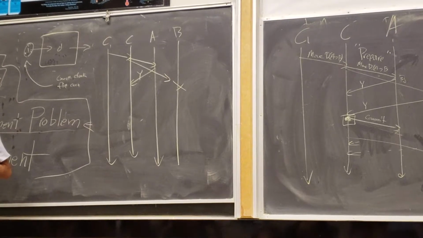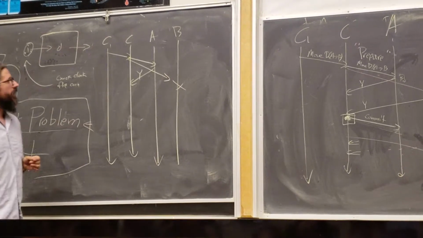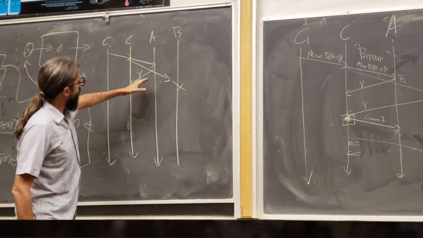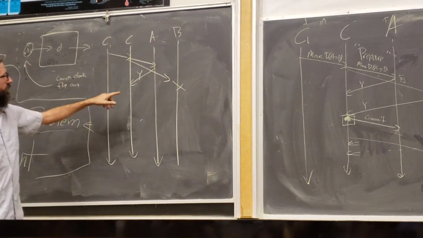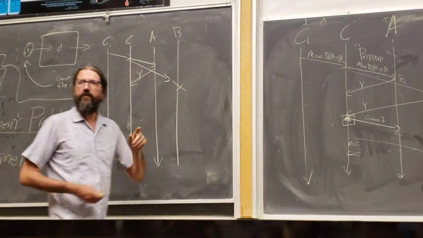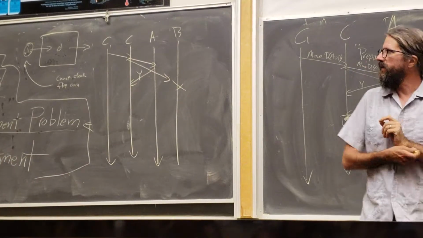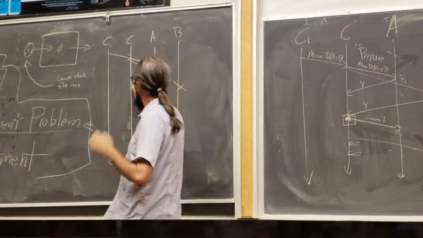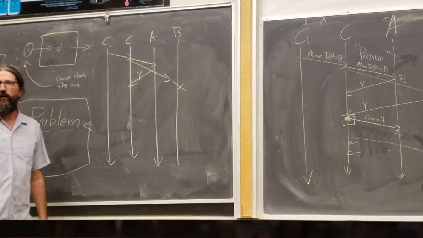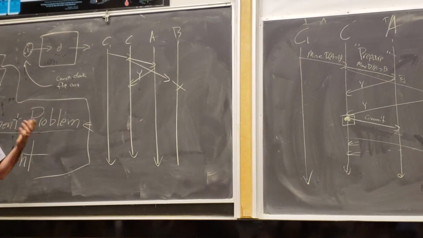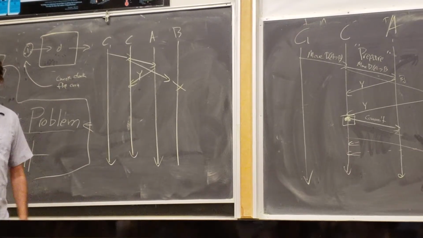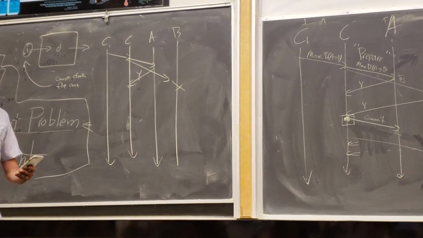Yeah, so as we described the protocol so far, this would violate termination. We're not going to decide abort, because there's no no vote, and we're not going to decide commit, because we don't have unanimous yes votes. So what can we do about that?